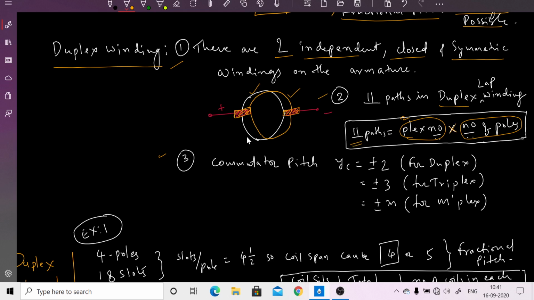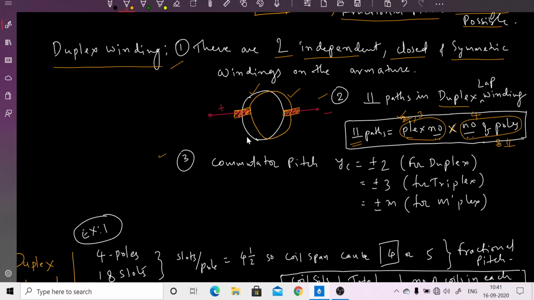In case of duplex the plex number is 2, in case of triplex the plex number is 3, like that. And if I have a 4 pole machine, then for a duplex winding I will have 8 parallel paths on the armature.